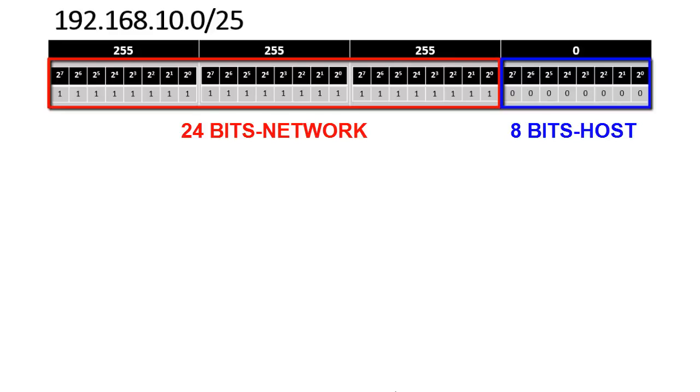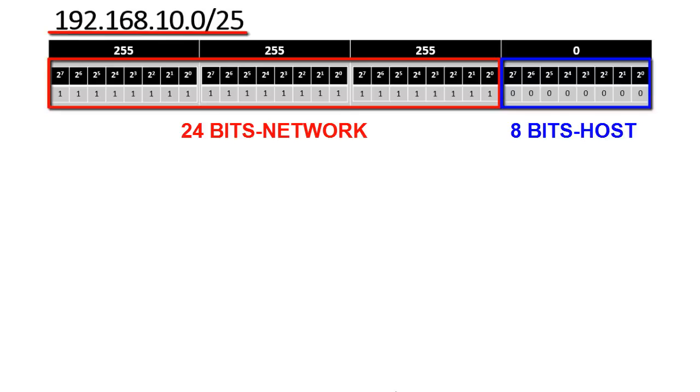But in this scenario the CIDR value is 25, which means there must be 25 network bits. Now the question is, in a class C IP address we have only 24 network bits, so where do we find another 1 bit?